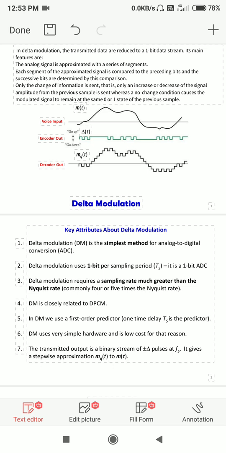So the two samples are compared, the current sample and the previous sample. If there is an increase in amplitude of the current sample, then 1 is sent. If there is a decrease in amplitude, 0 will be sent, and if there is no change, then the current data stream is continued. See the graphs.